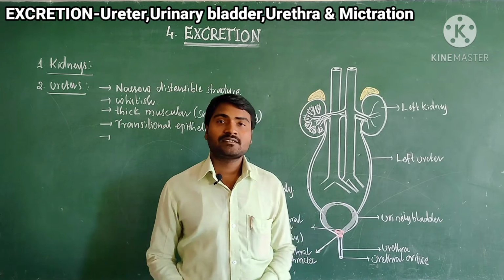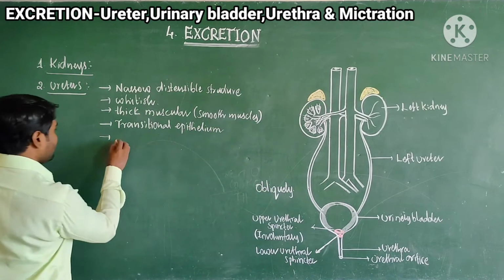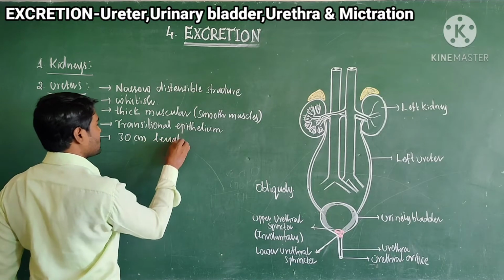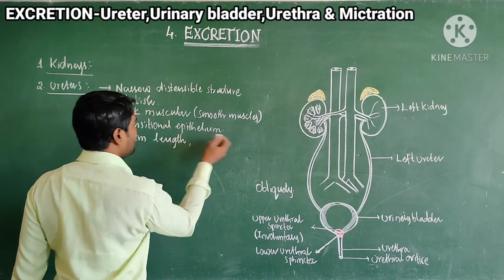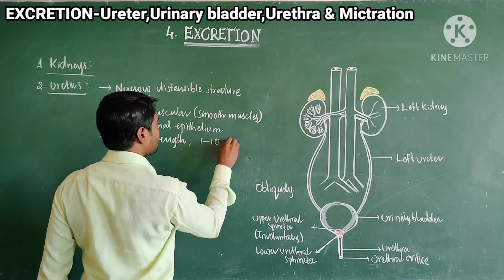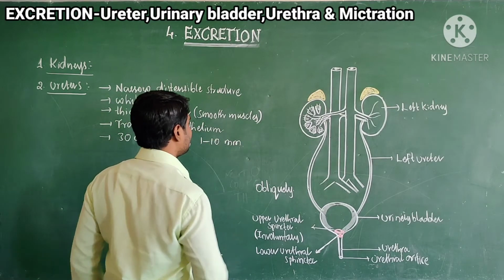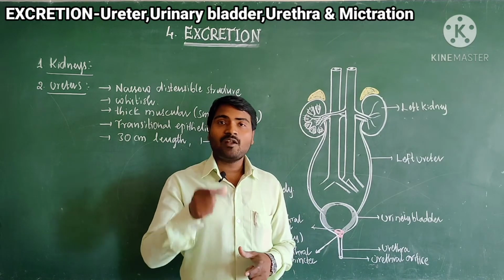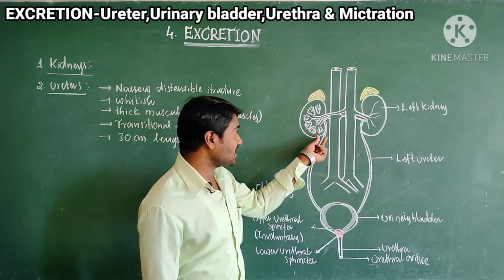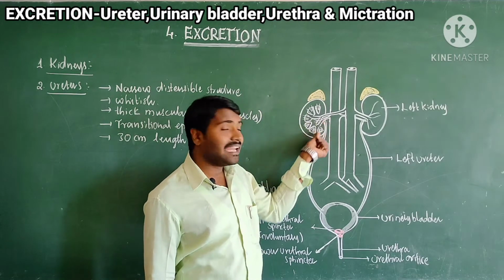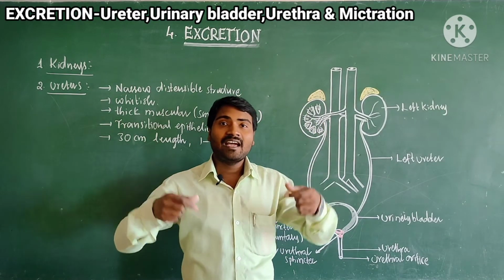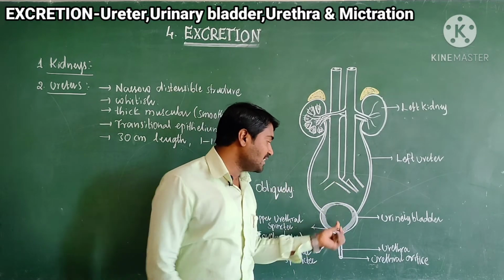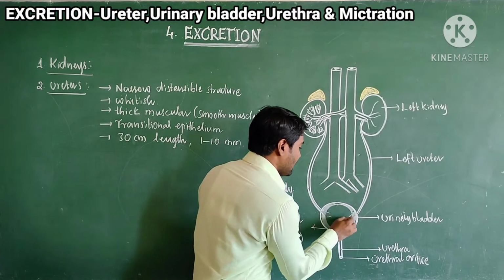Its size is nearly 30 centimeters in length and 1 to 10 millimeters in diameter. So it is a whitish, narrow, distensible tube-like structure which comes from the hilum of the kidney from both sides, moves down and finally opens into the bladder obliquely.